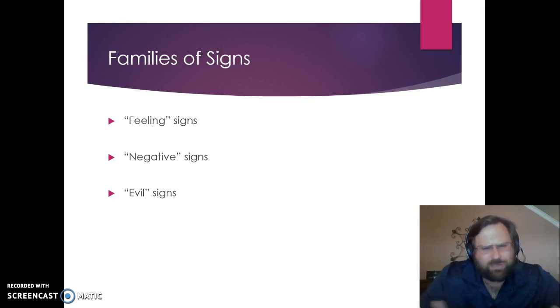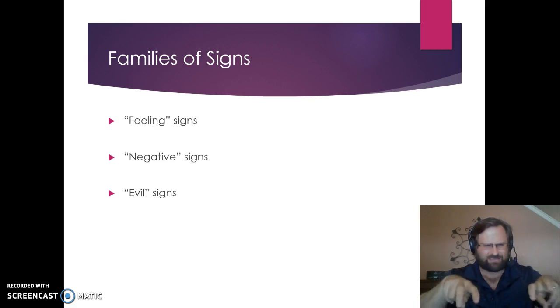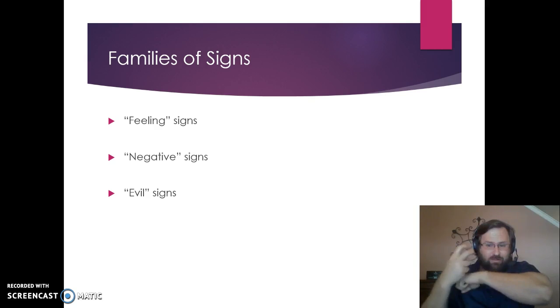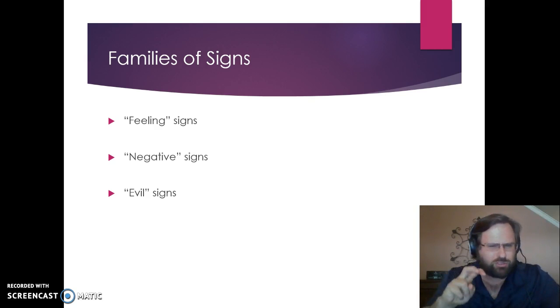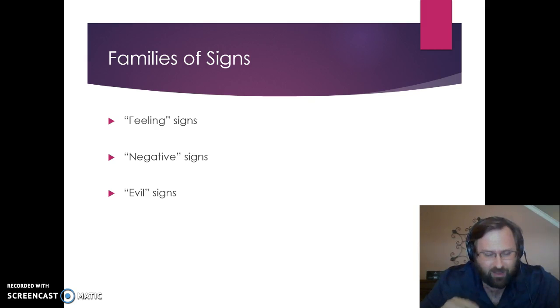But some signs we don't know why they are the way that they are. For example, the evil signs like selfish, devil, these signs, steal. These signs use this hand shape, and we're not sure what the connection is. This happens in English as well. We don't really know why there are so many English words that start with GL and have to do with light. Think about it. Glitter, glamour, glow.